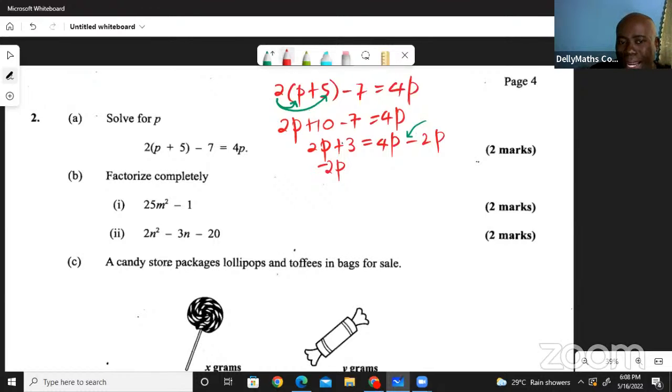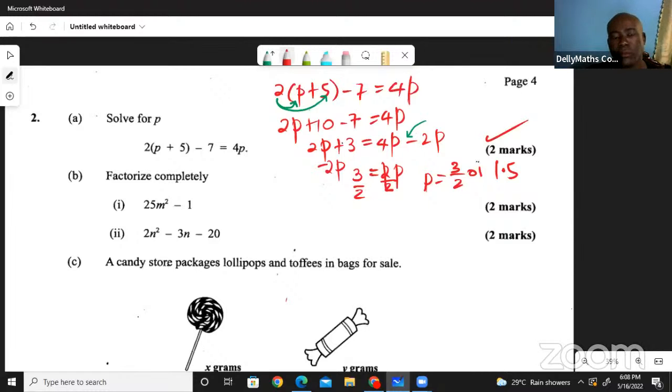On my left side, I'm left with 3, which is now equal to 2p. Then dividing both sides by 2, p is equal to 3 over 2. Some people might say 1.5. And we would have collected 2 marks there. So p is equal to 1.5.